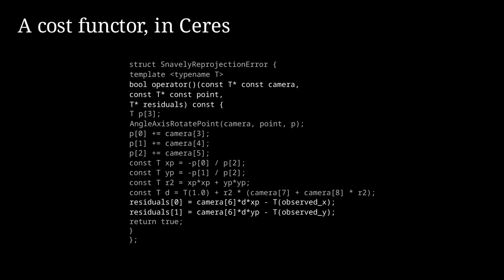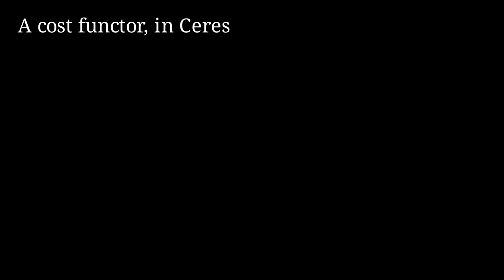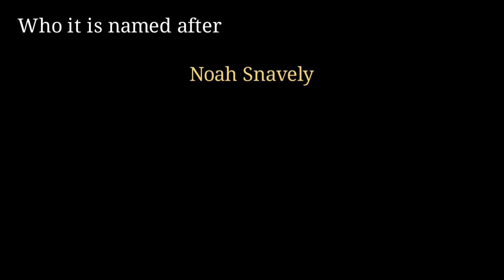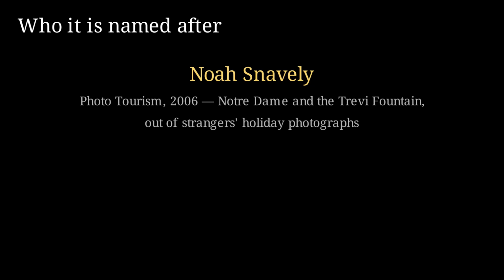In Ceres, you write it as a little C++ struct with an operator on it, a cost functor. And this one, SnavelyReprojectionError, is about 20 lines long. It's named after Noah Snavely, whose phototourism paper in 2006 built 3D models of landmarks out of tourist photographs scraped off the internet.